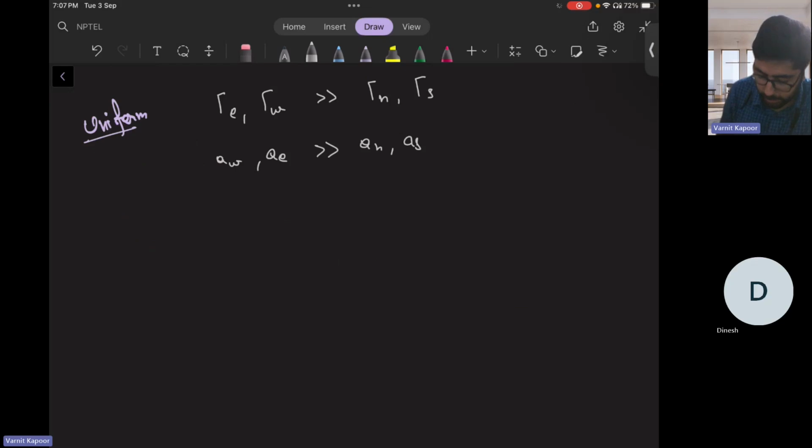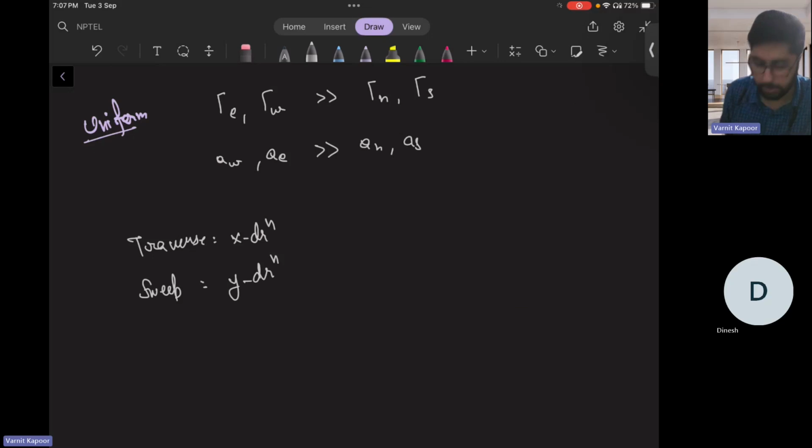East means X direction. So traversing in X direction and sweeping in Y direction. Okay.